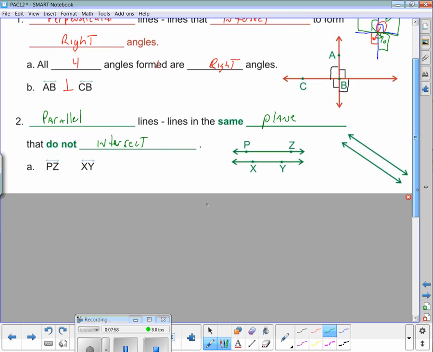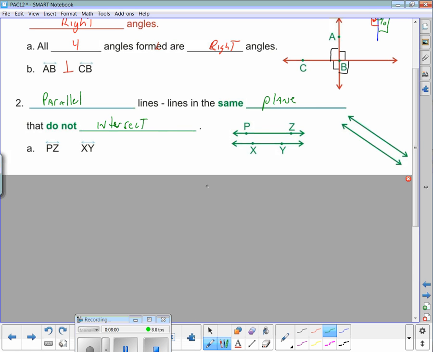All right, so the parallel symbol looks just like two parallel lines: two vertical lines right next to each other. And you can see over here on the right the illustration. No matter how far those lines keep going, they will never intersect.